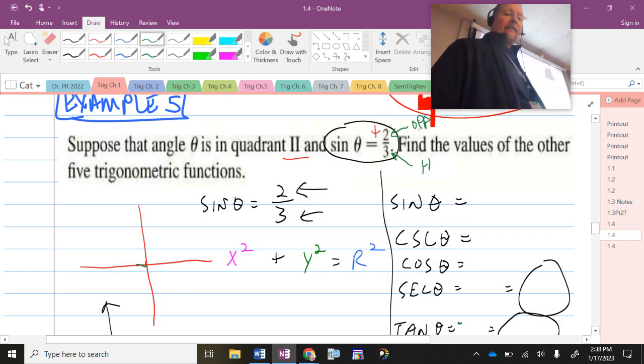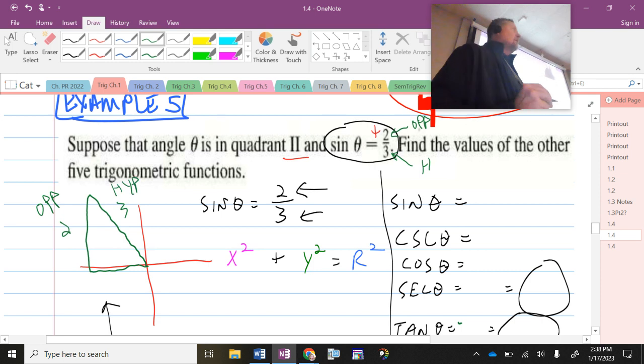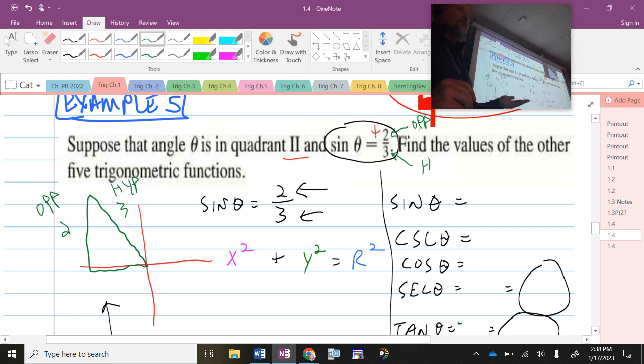I can stick with 2 and 3 being opposite and hypotenuse instead of CIRCX or TIX. We really only need that when we don't have a coordinate plane, when we don't have a triangle, which is the quadrantals. So you can survive with this.